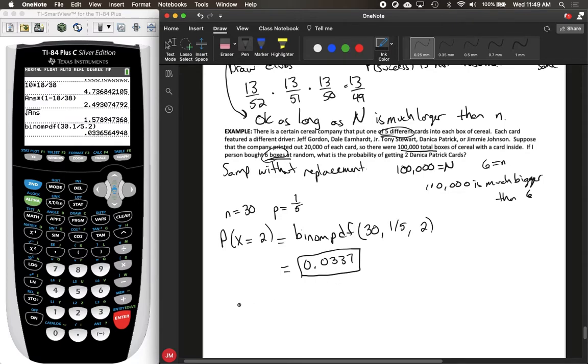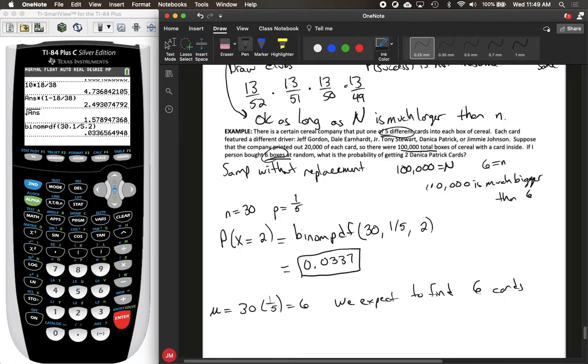Because if you think about it, out of those 30 cards, what our expected value is, if we take 30 and multiply by 1 out of 5, that's going to be 6. So we expect to find 6 Danica Patrick cards. But obviously, with our probability of exactly 2 being less than 6, it's going to be a much smaller probability.